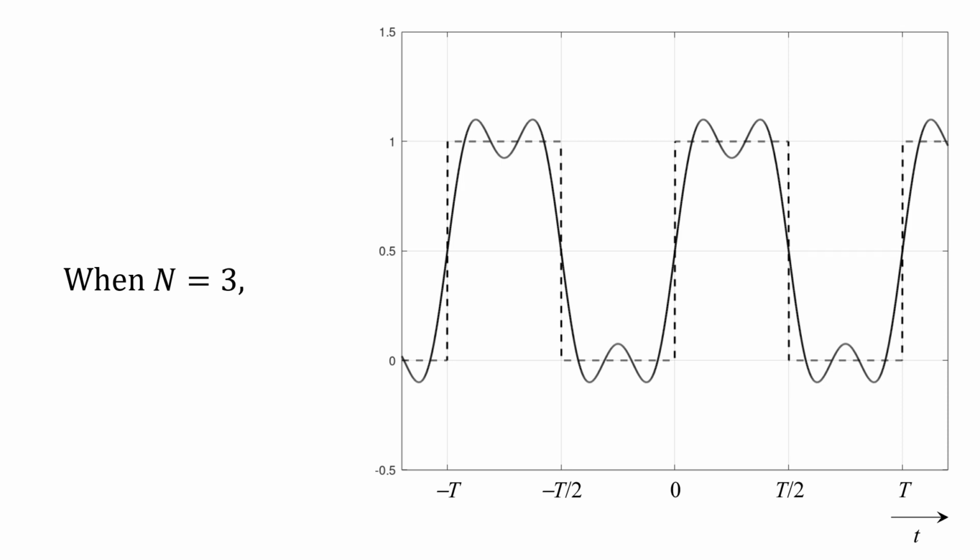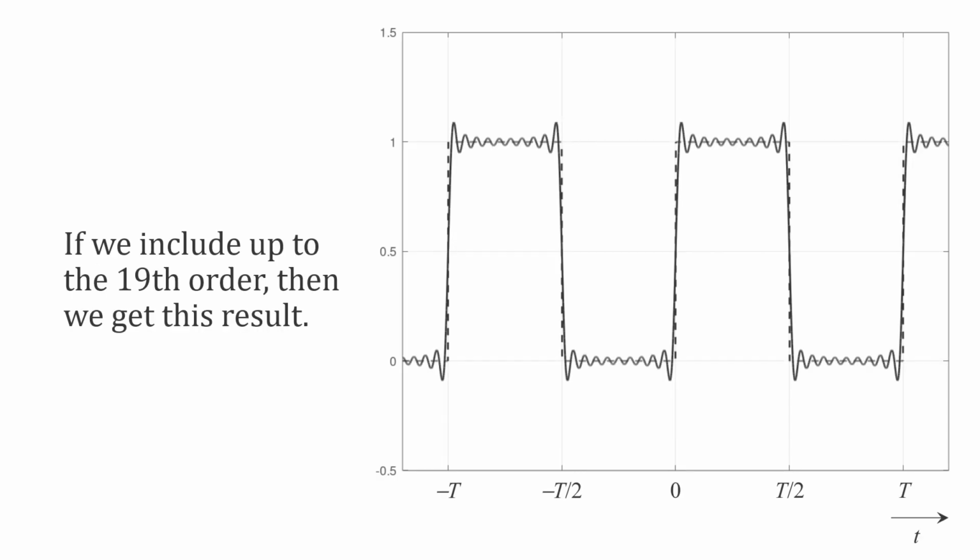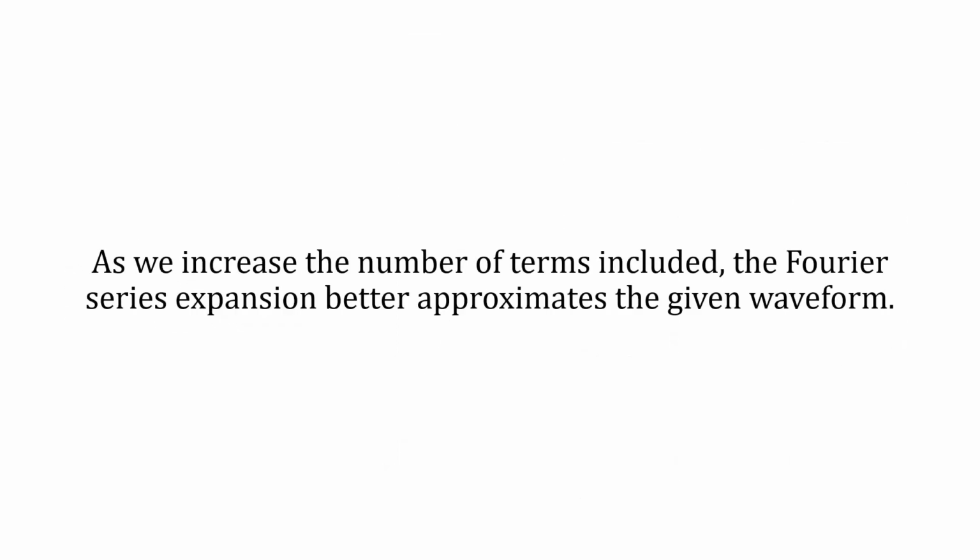When large N equals 3, when large N equals 5, if we include up to the 19th order, then we get this result. As we increase the number of terms included, the Fourier series expansion better approximates the given waveform.